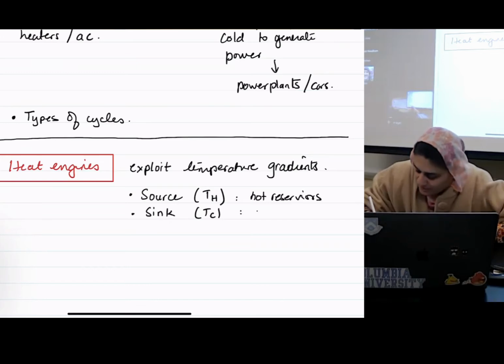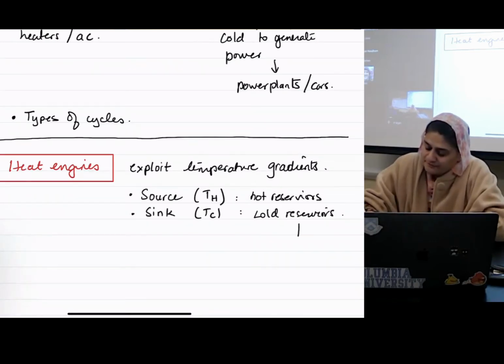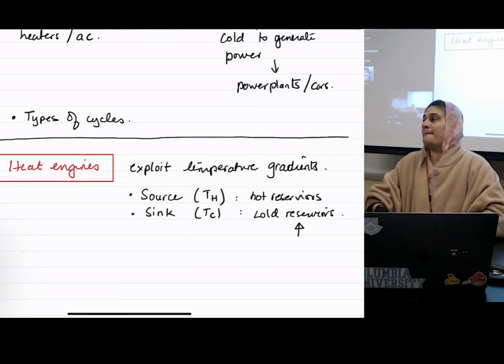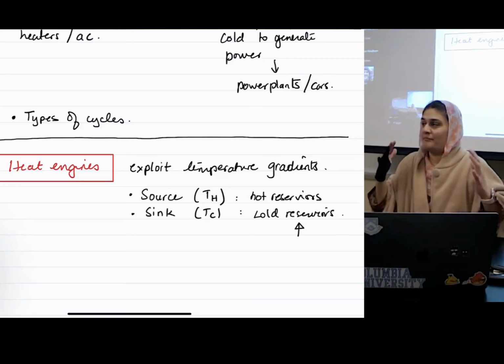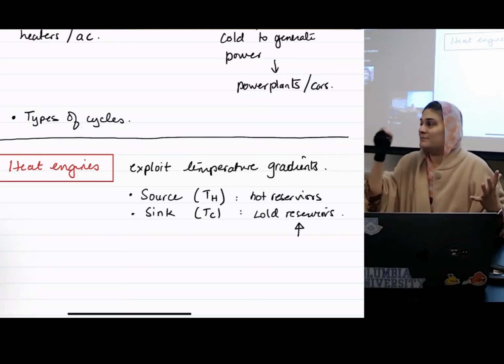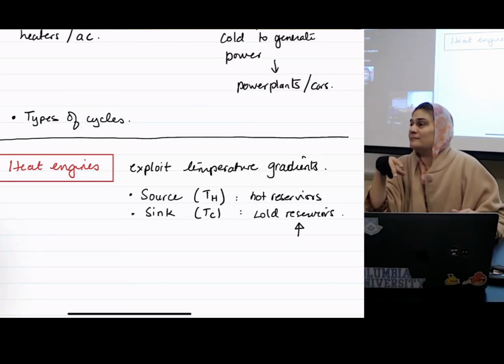And these are called cold reservoirs. And why are they called reservoirs? In thermodynamics, what is a reservoir? Something so large that if you take something off of it, it doesn't really change its temperature.